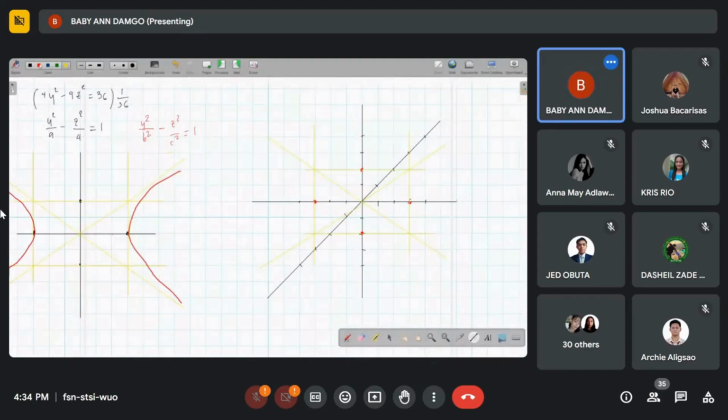Okay. So for the graph, okay, so this is the graph.